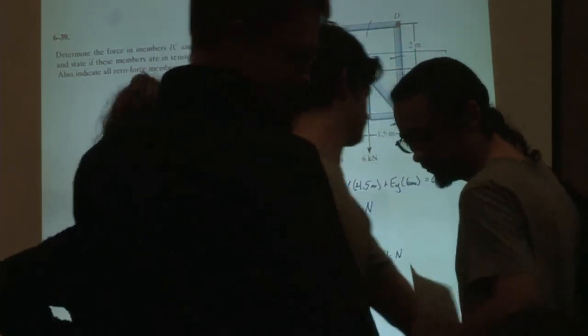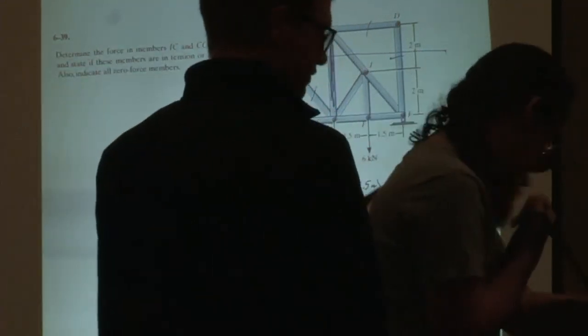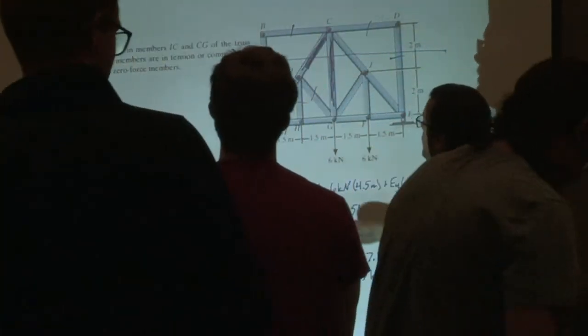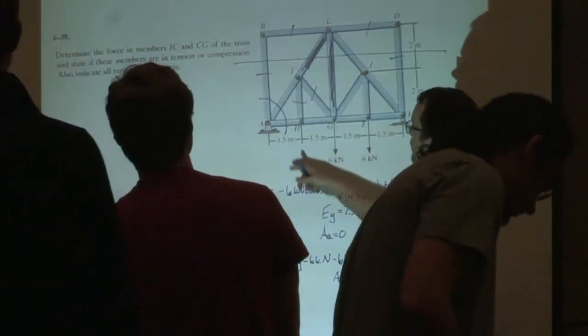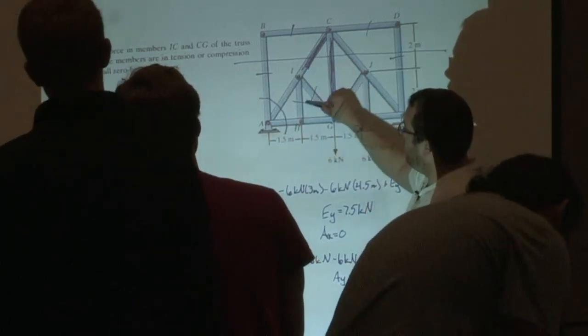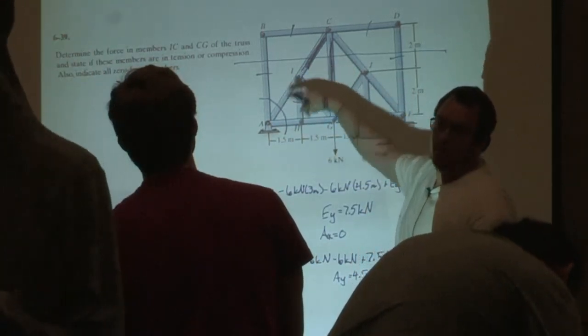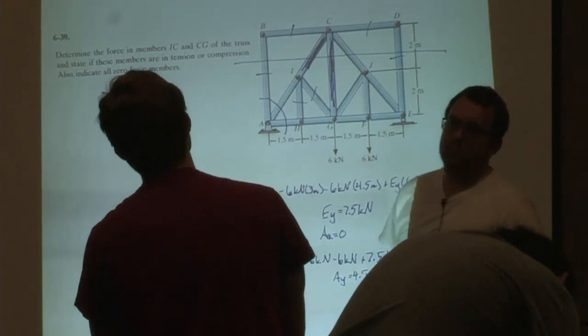How did you know that IG was a zero force member? Now that I'm looking at it, I can see BC and CD and AB and ED and IAG, but why IG? How do you know that? Well, you know there's a reaction right here, but if you do the joint, it's a perpendicular member on joints with constant force.